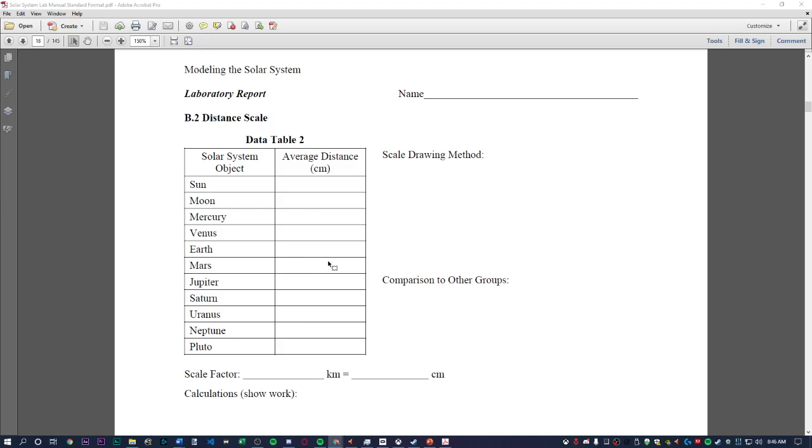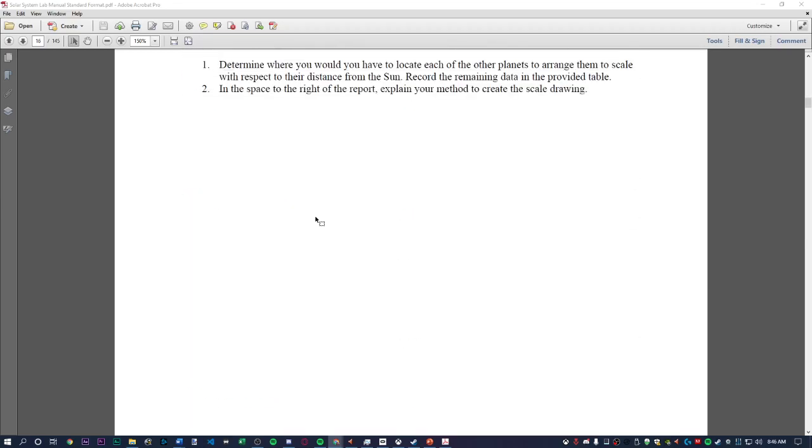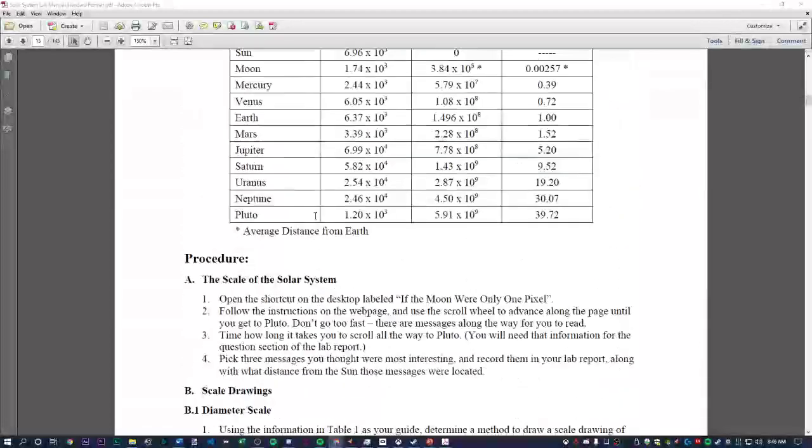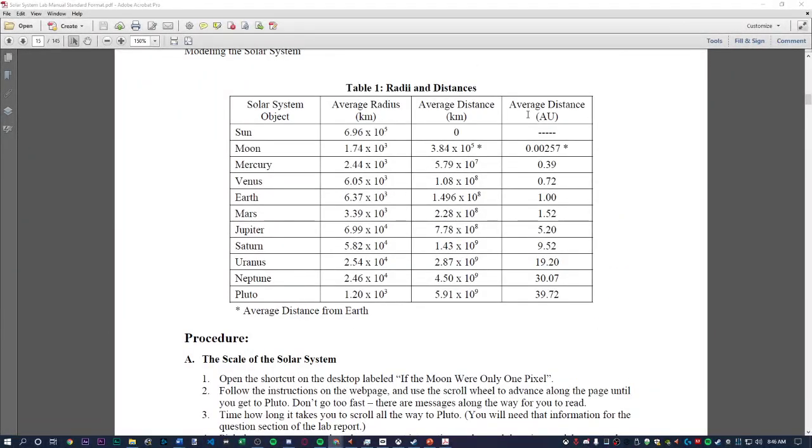Okay. So up here we give you the average distance in kilometers. And Pluto is 5.91 times 10 to the 9th kilometers away. It's very far away.